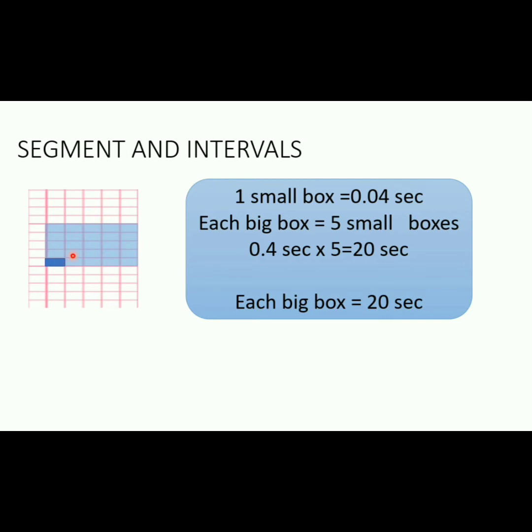Each small box is equal to 0.04 second. As I already told you, you have seen 5 boxes inside the big box, so we have to multiply 0.04 second into 5, that is 0.20 second. So each big box is equal to 0.20 second.